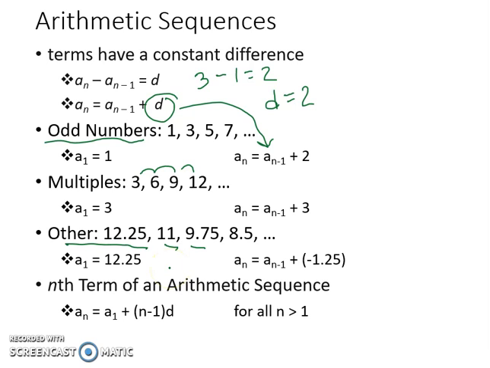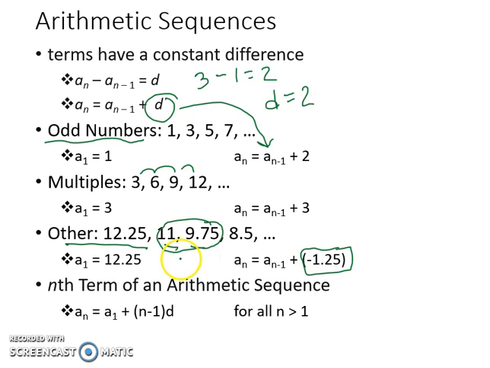So we just subtracted two adjacent terms: 9.75 minus 11 gives us negative 1.25. So our difference between them is negative 1.25 because we're going down. If we were going up, it would be positive. Going down is negative. So our difference can be either one.